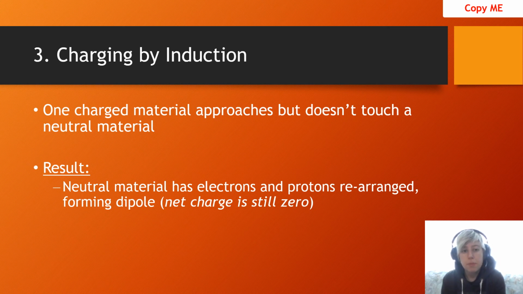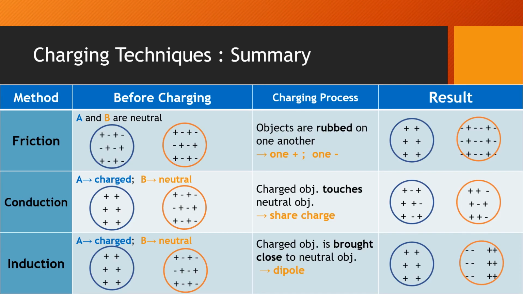So to recap, a charged material approaches but does not touch the neutral material. The result is that the neutral material has the electrons and protons rearranged, forming a dipole, but it still has a net zero charge. So right here is actually a really good summary of all of our different charging techniques.